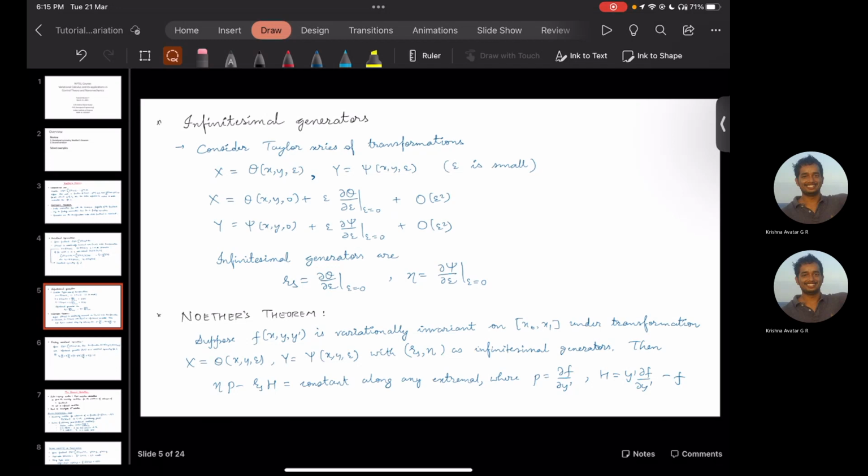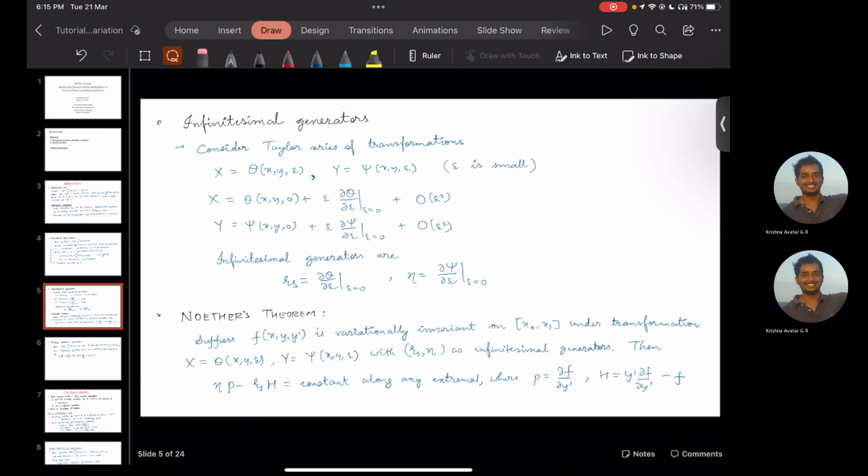Now the infinitesimal generators here are, so let's expand capital X. Capital X is equal to theta of x, y, 0 plus epsilon times partial theta by partial epsilon at epsilon equals 0, plus other higher order terms, which we have collectively called order of epsilon squared terms.